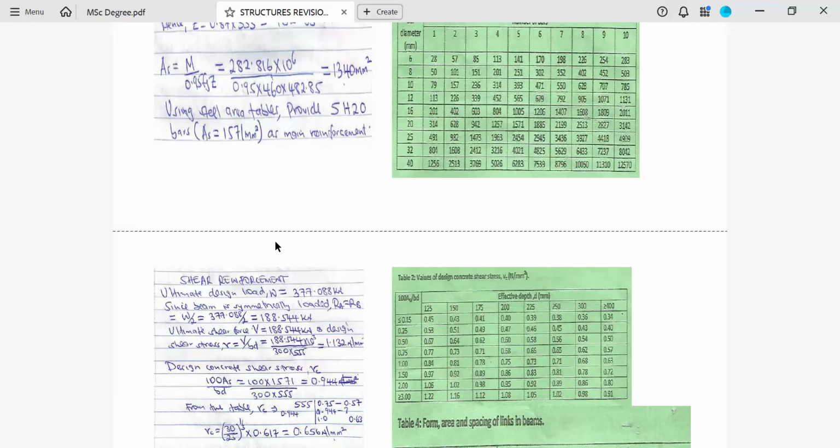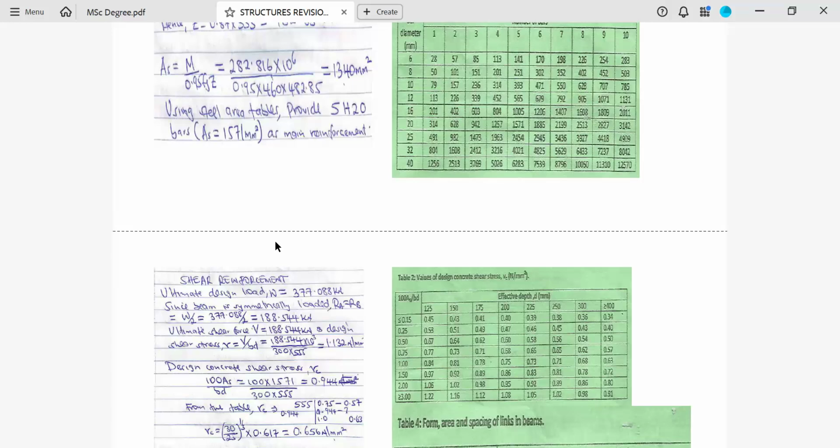Now I will subtract. So when you subtract 0.63 minus 0.57, you get 0.06.